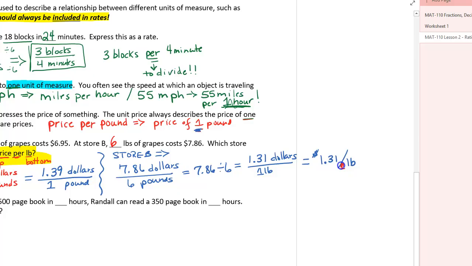So you just kind of have to know that that's understood. And this one would be written 1.39 per pound. So store B has the better price because it is selling for less per pound.